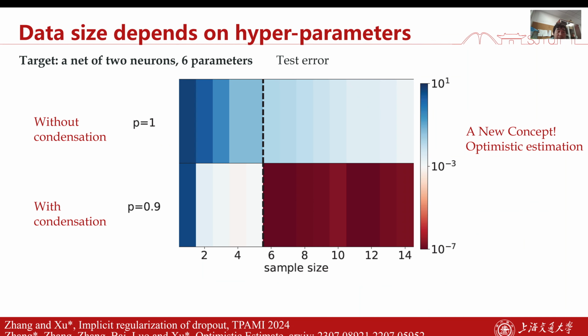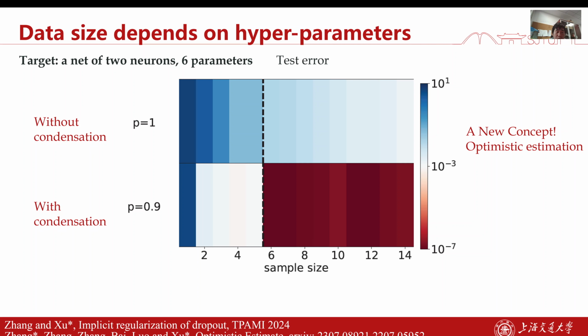So if we have condensation or not, and we use dropout to achieve this, we can see that with condensation, with dropout, this color indicates the generalization. And this number indicates the sample size we use, randomly sampled, to train the neural network.